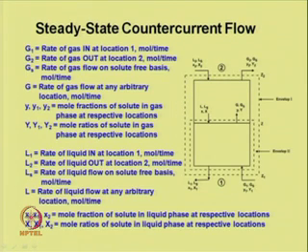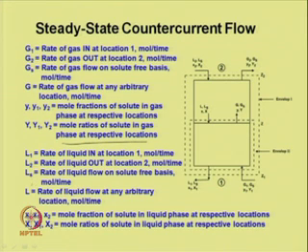G1 is the rate of gas in at location 1 in mole per time, G2 is the rate of gas out at location 2 in mole per time, Gs is the rate of gas flow on solute free basis in mole per time, G is the rate of gas flow at any arbitrary location inside the equipment, and small y, small y1 and small y2 are the mole fractions of the solute in the gas phase at respective locations, and capital Y, capital Y1, capital Y2 are the mole ratios of the solute in the gas phase at the respective locations.